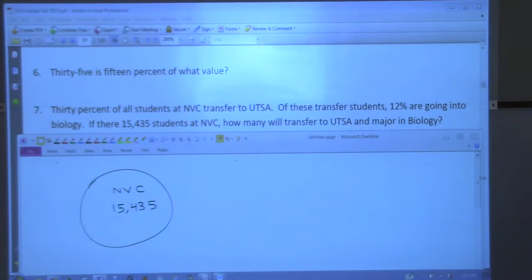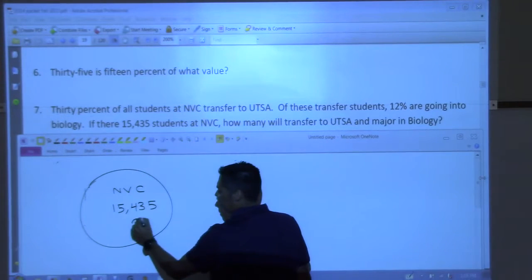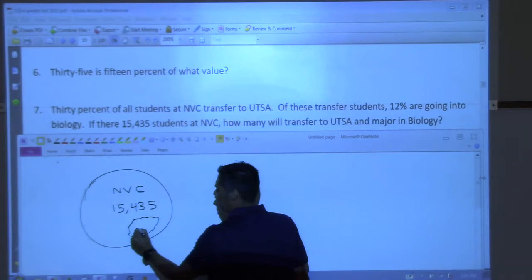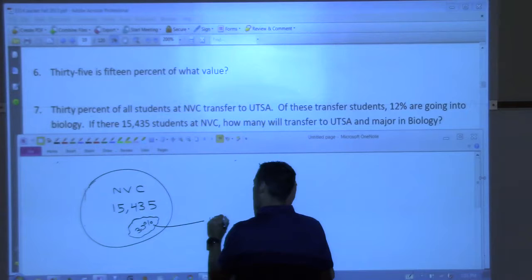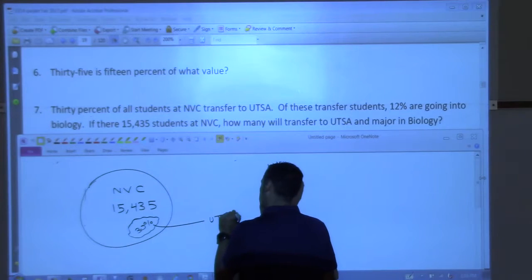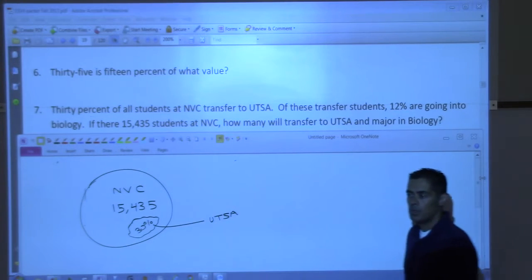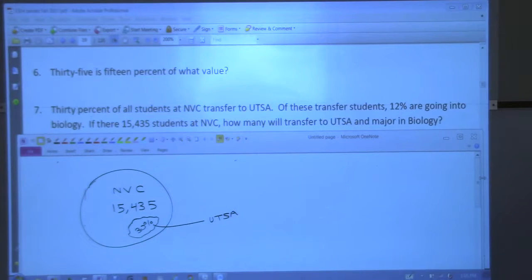The first sentence in the problem says 30% of all the students at NVC transfer to UTSA. So there's this group right in here. 30% are going to transfer to UTSA. Right? Can you tell me how many that is?